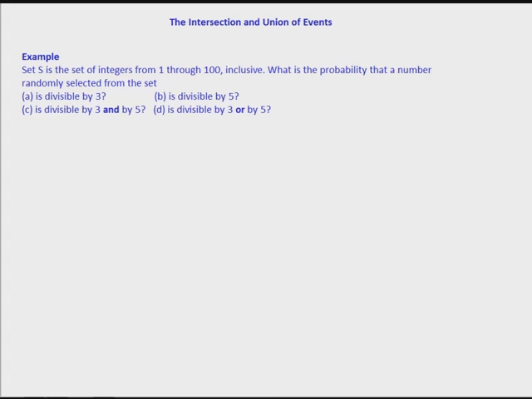What is the probability that a number randomly selected from the set is divisible by 3? So we know that P(divisible by 3) would be the number of elements divisible by 3 over 100, the total number of integers being considered.